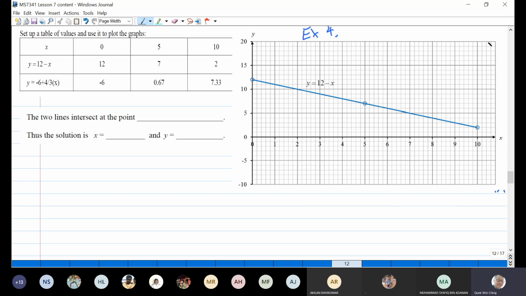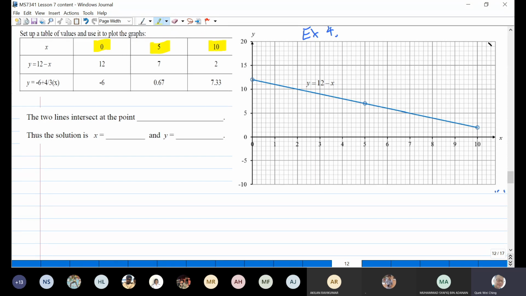To make sure you get a straight line, draw at least 3 points. So let's take x equal to 0, 5, and 10. I give 3 points here. The reason I drew 3 points is because I want to make sure I get a straight line.